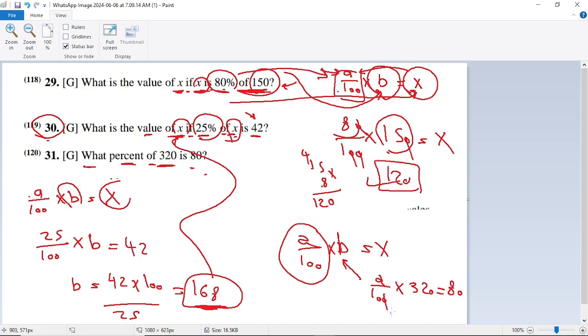Okay, so this one will cancel with this one. So now A will be equal to 800 divided by 32, which will be equal to 25. Okay, so this is the answer of this question. Okay.